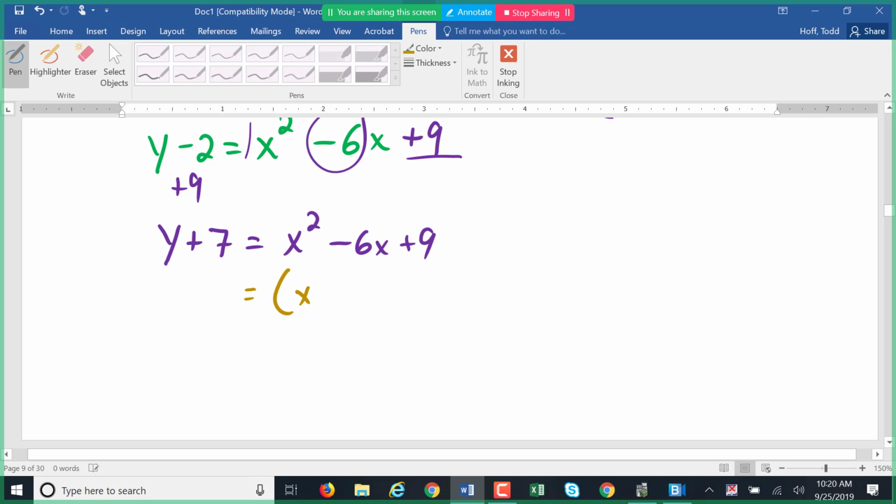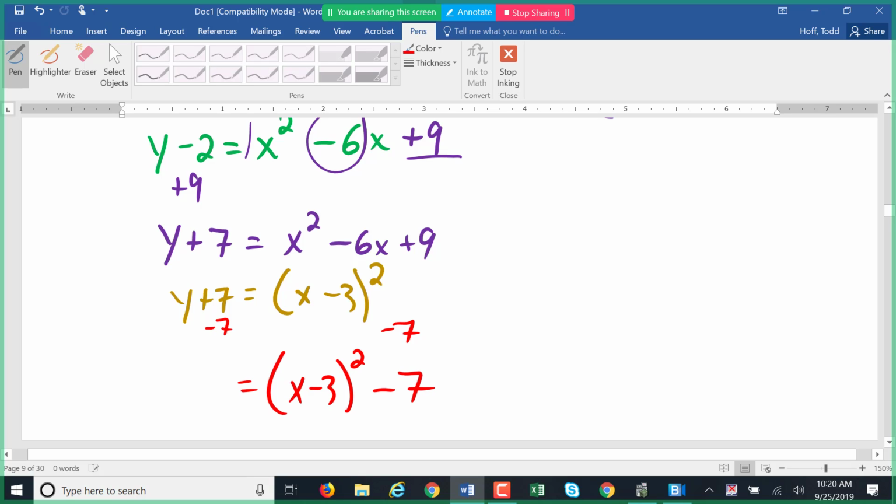This is x minus 3 squared. And we subtract 7 from both sides to get x minus 3 squared minus 7. y is by itself over here, so I'm going to turn it back into f of x. So that is in graphing form, giving us the vertex 3, negative 7.